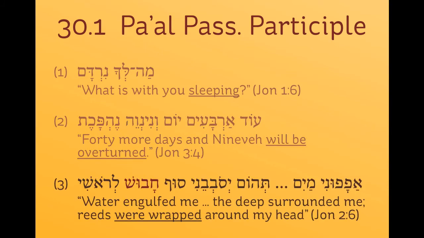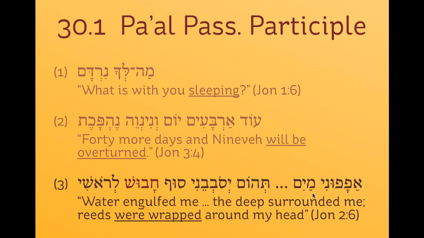All right, now we have the Paul passive participle with the a-u vowel pattern. This is Jonah's prayer describing his watery plight. Afafuni maim tehom yesoveveni suf chavush leroshi.